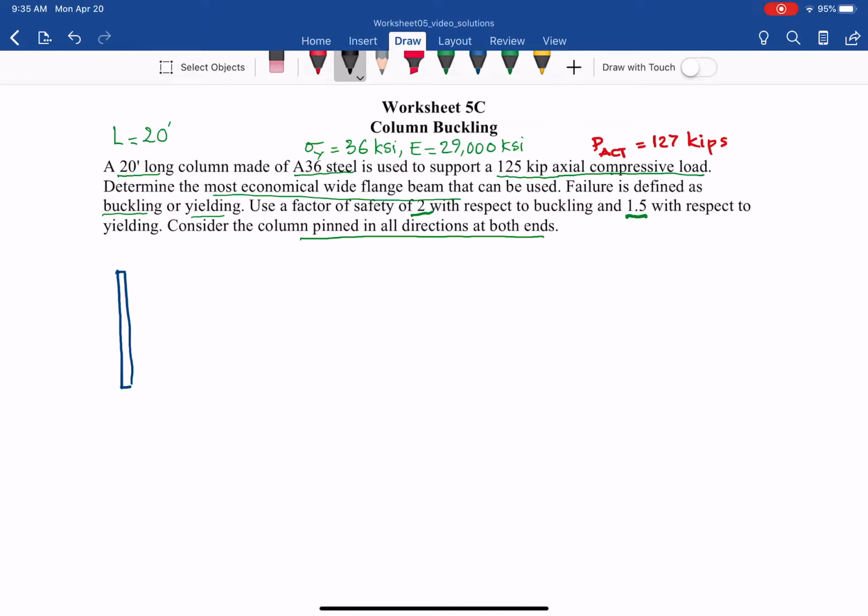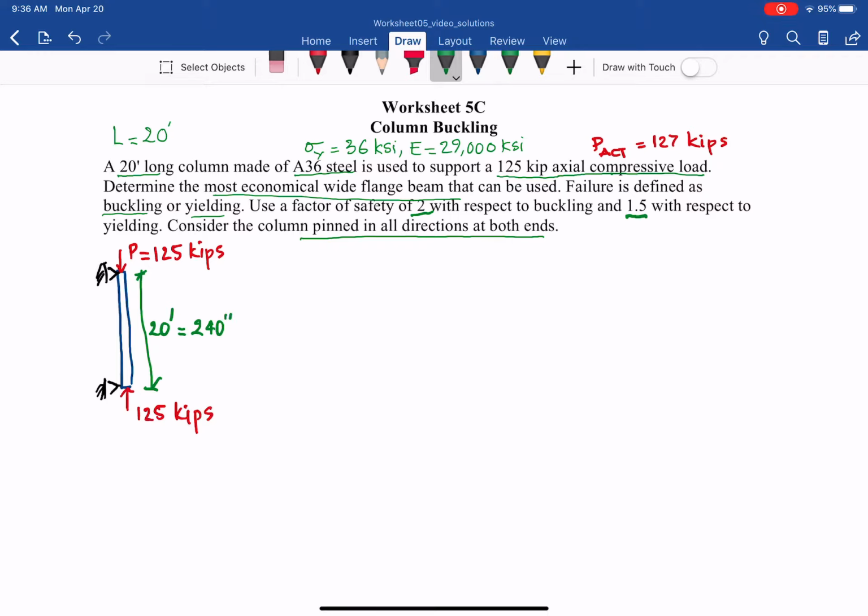So we have the pins and pins, and then we have a load P actual, 125 kips, and the length of this one is 20 feet, which is 20 times 12, so it will be 240 inches. So that's all we have in here.